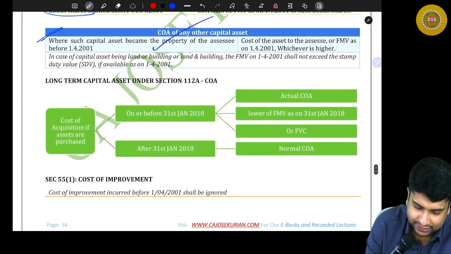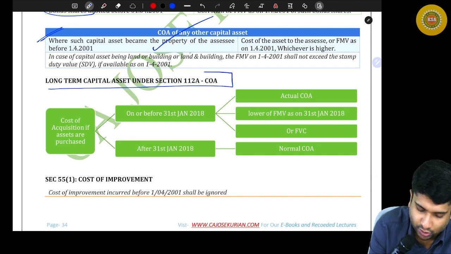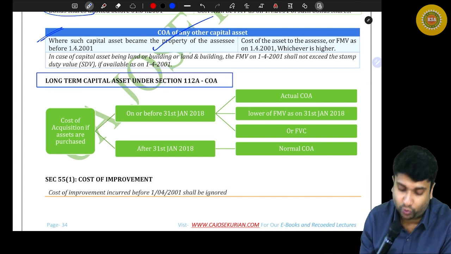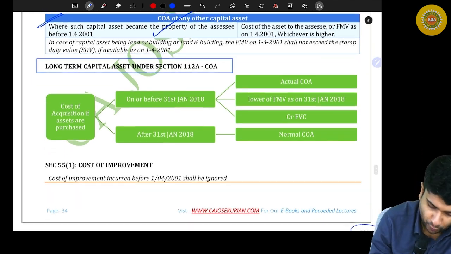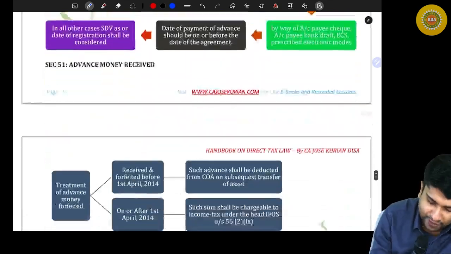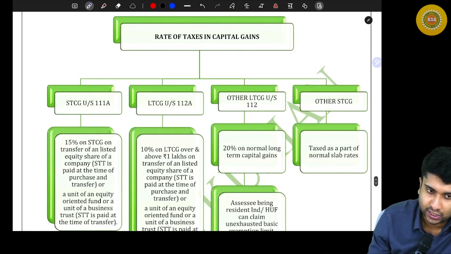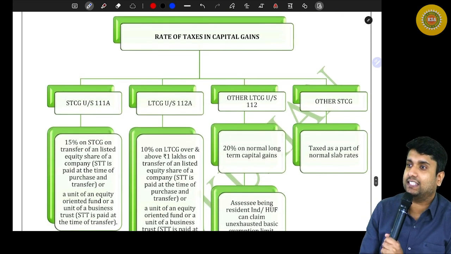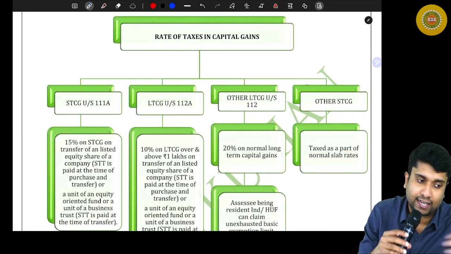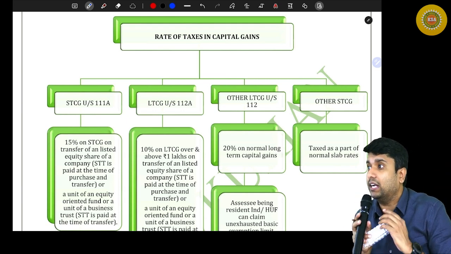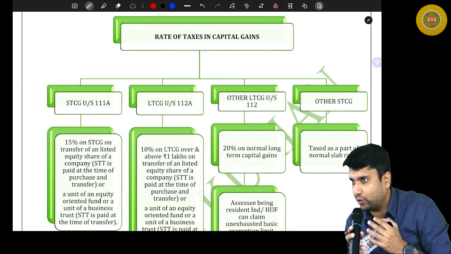Now, there are certain things while computing the long-term capital gain under section 112A. That's what we are about to discuss. But before discussing that, let me jump into the rate of taxes. We will discuss the rate of taxes applicable in the chapter capital gain, and we'll finish this and come back to the 112A cost of acquisition special scenario.